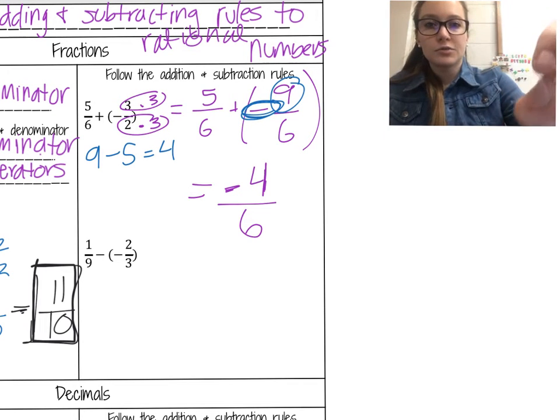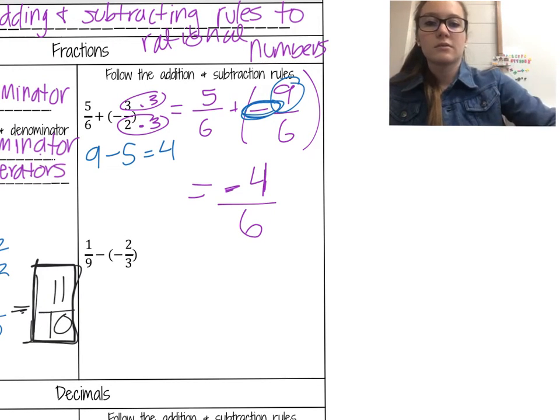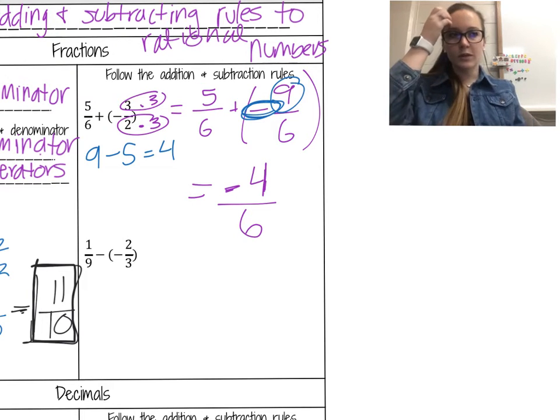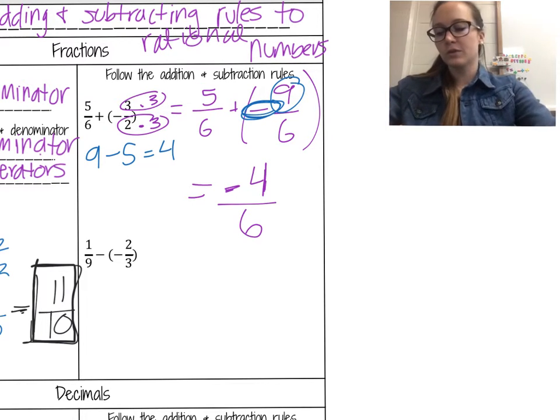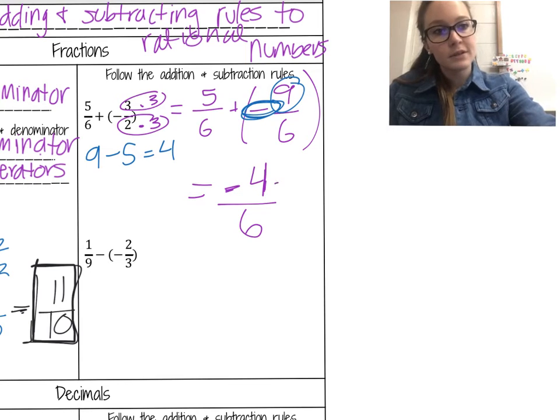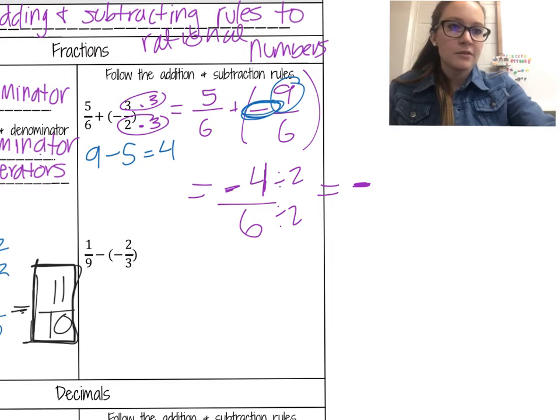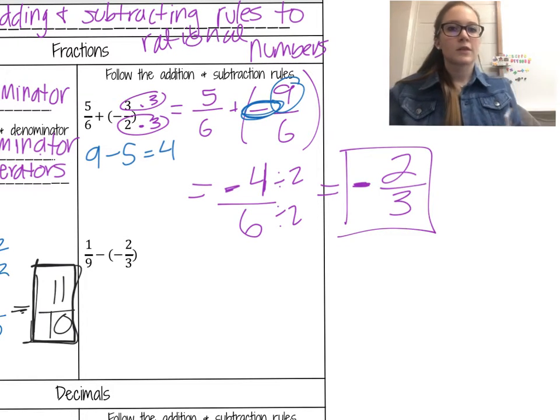Then to reduce, I'm going to say between 4 and 6, just ignore the negative for a second, okay? Between the 4 and 6, what can I divide both of those by? Well, they're both even, so I can divide them by 2. Okay, this negative is going to stay. 4 divided by 2 is 2. 6 divided by 2 is 3. So 5 sixths plus negative 3 halves is negative 2/3. Hey, that's pretty fun.